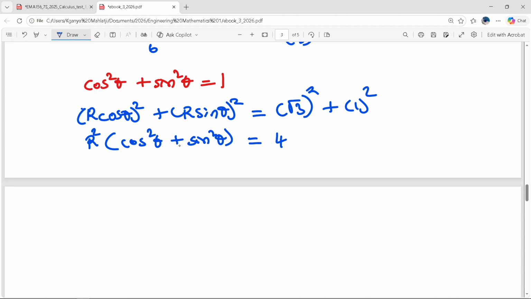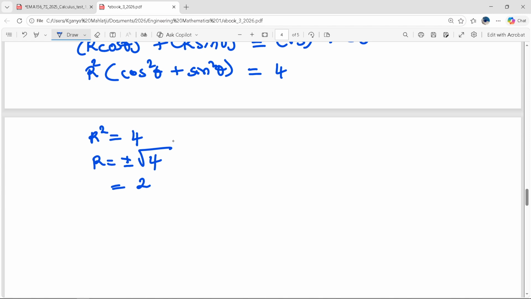Therefore, with the result of the identity, you'll have r squared equal 4. Here our r is the amplitude, right? We're going to take the positive value since we want the magnitude of the amplitude. Therefore your answer here will be 2.